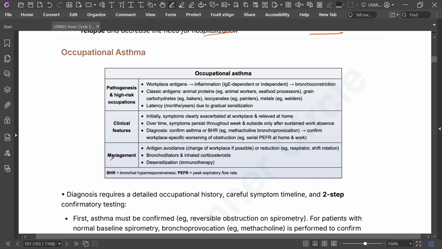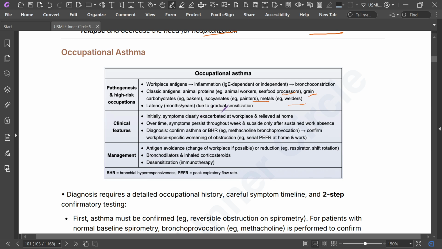Now, occupational asthma. Workplace antigen inflammation, IgE dependent or independent, may cause bronchoconstriction. Classic antigens: animal protein in animal workers and seafood processors, grain carbohydrate, isocyanates in painters, and metals in welders. Latency is months or years due to gradual sensitization.